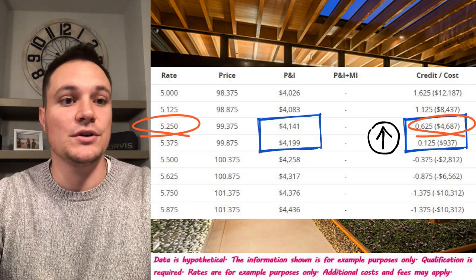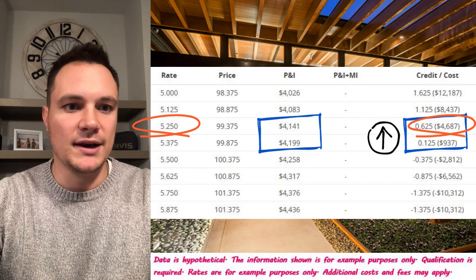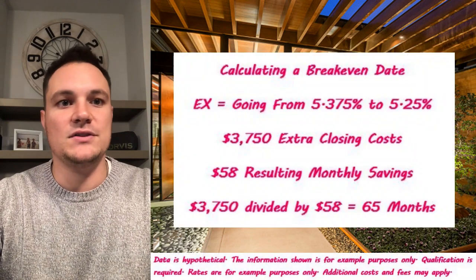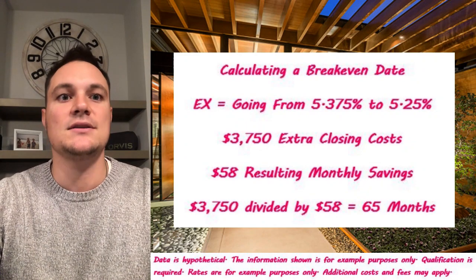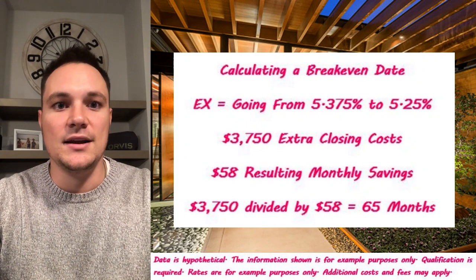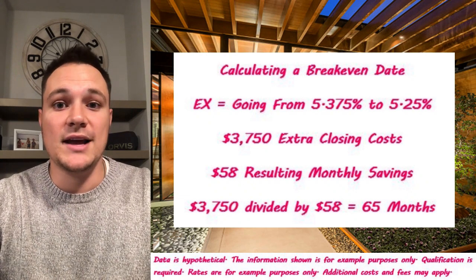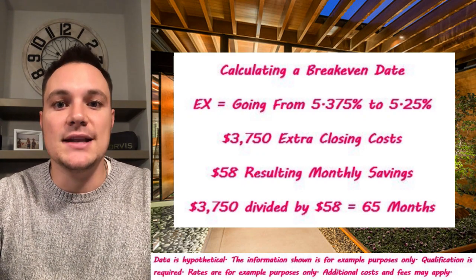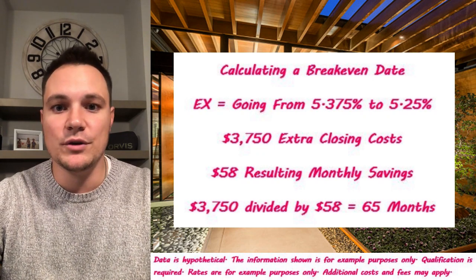And that would decrease your payment by, you see in the middle, principal interest, $41.99 minus $41.41, which is $58 of a decrease. So to find the break-even date or trade-off of this, you would divide that extra you're paying in closing costs, that $37.50, by the savings, $58 a month, and then you would get 65 months. So you would then have to be in that loan for 65 months for that trade-off to make sense. If you're not in the loan for that long, then that really wasn't worth it, and you shouldn't have done that buy down.